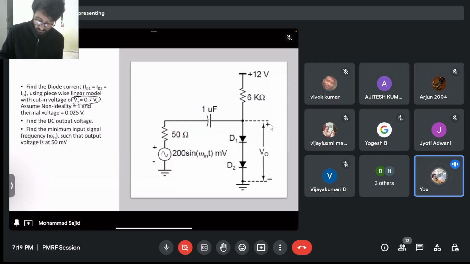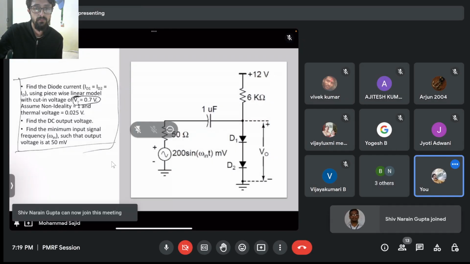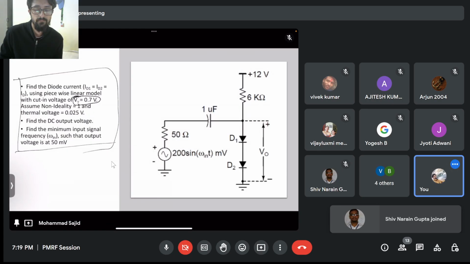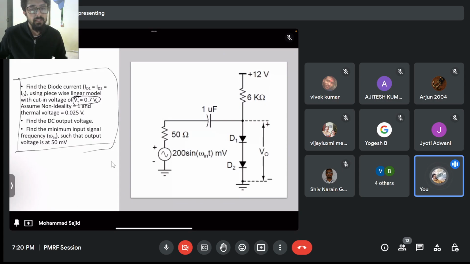Was this the last question of the session? Okay. So now, is there anything general you want to discuss other than that? If you have any other things to discuss, you can. Sir, please discuss some basic EDC portion of MOSFET. Actually, MOSFET is a good topic, no doubt, but it will be discussed after two or three weeks.